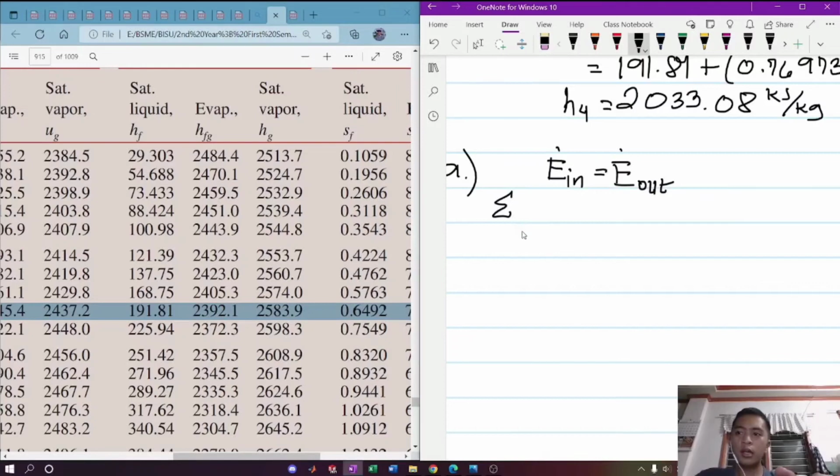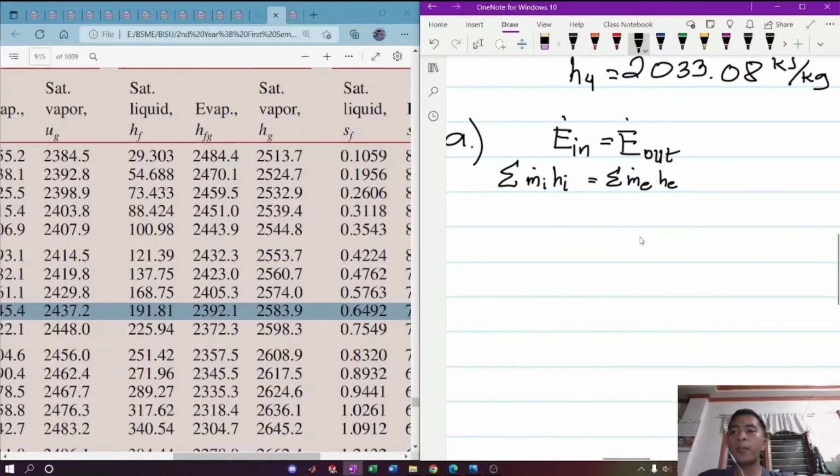Summation sa mass times enthalpy na ni-enter sa system, which is equal to the mass na ni exit times enthalpy na ni exit sa atong system.